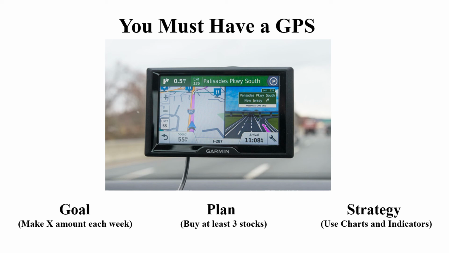Now, your goal may be, I'd like to make X amount of dollars each week. And your plan can be, how am I going to do that? I'll do that by buying at least 3 stocks. And what's your strategy? I am going to use my charts and my indicators.